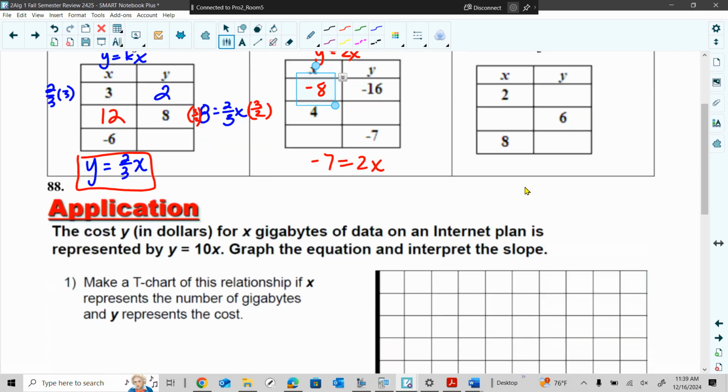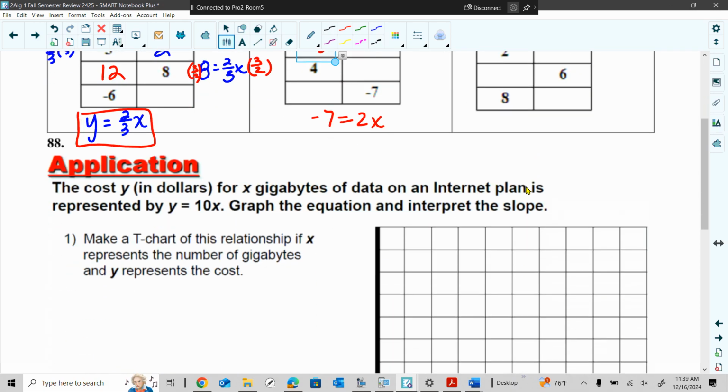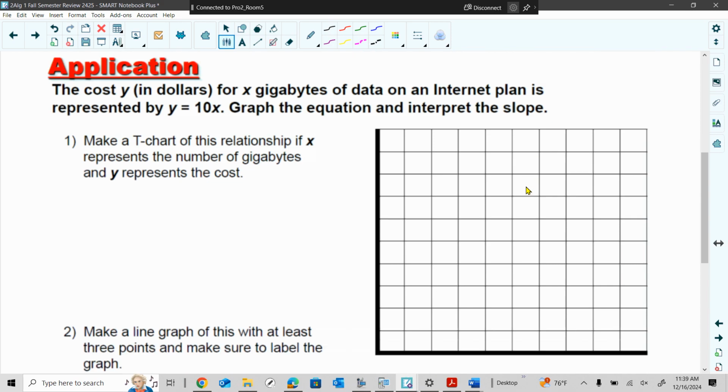Now here, application of proportional relationships. In this problem, they tell us our proportional relationship right here. The equation is y equals 10x. I want you to graph the equation and interpret the slope. To make a t-chart, a t-chart is when we make an x column and a y column like here. If x represents the number of gigabytes, y represents the cost.